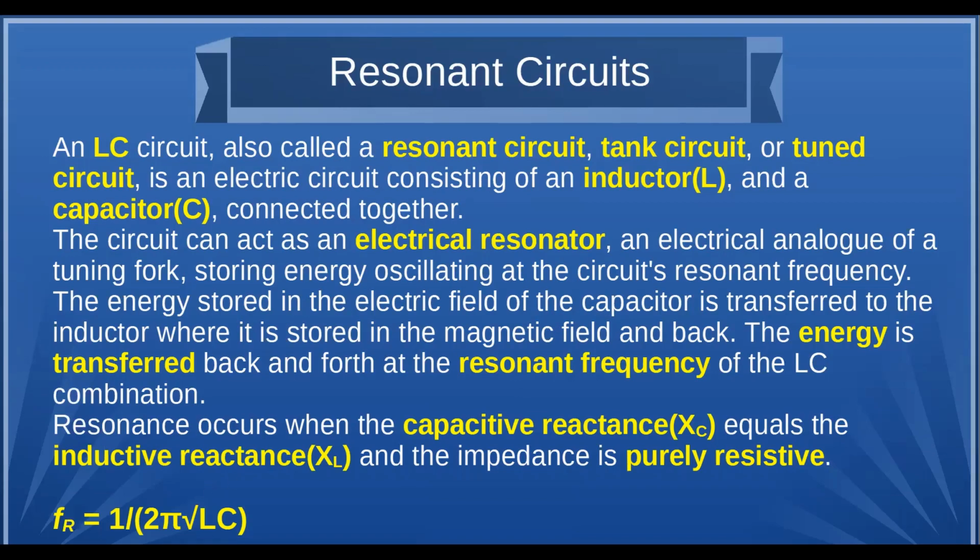The formula for resonance is the reciprocal of 2 pi times the square root of the product of the inductance and capacitance. That one you need to remember. Pretty sure it's on the tech test. Definitely on the other.